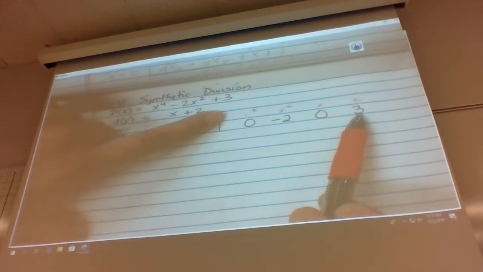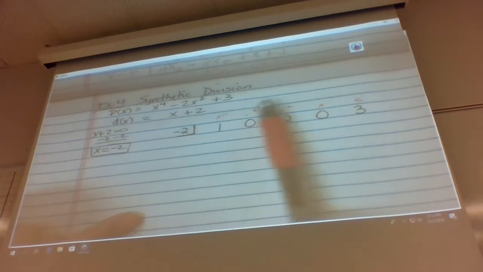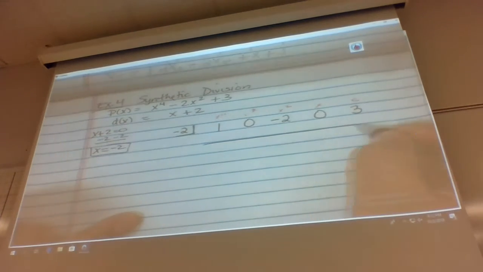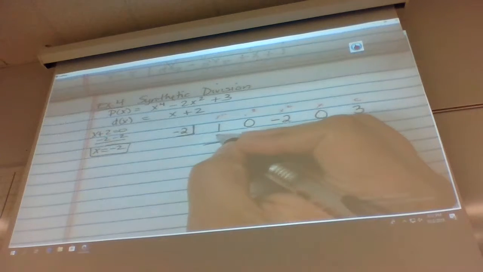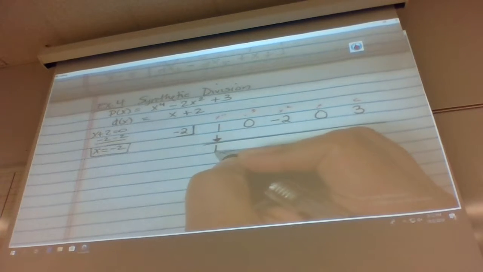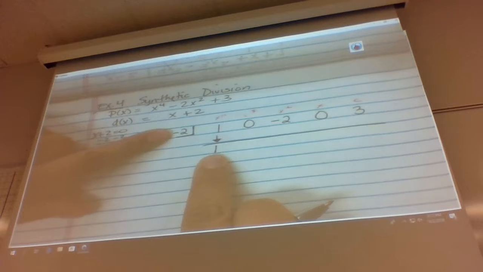Gotcha. Now, synthetic division, piece of pie. The rule is you bring down your first number, which is a 1. You multiply it times your -2, and put the -2 here.